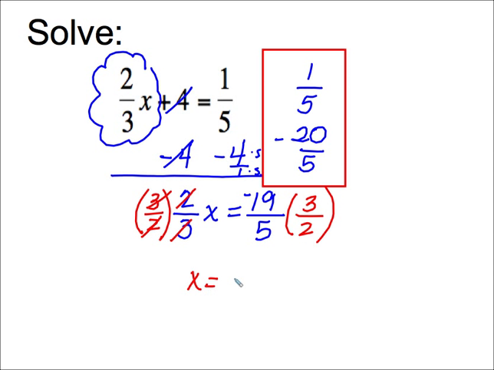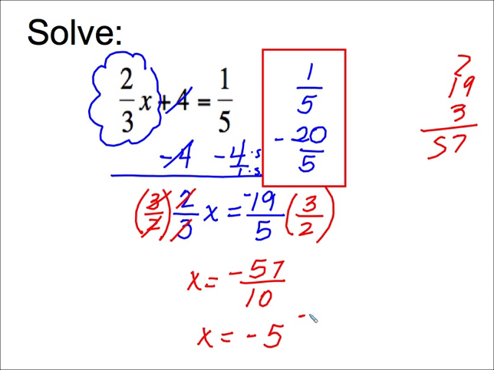Now, if you were smart, you'd look for things to cross-cancel, but unfortunately I have a prime number, prime number, prime number, prime number. So I'd have to multiply 19 times 3. I get 57. I think I knew that somewhere in my head. -57 over 10. Ugh. Turn that into a mixed number. x equals -5 and 7/10. Ugly, but we did it.